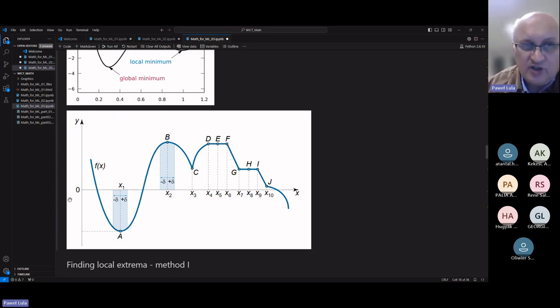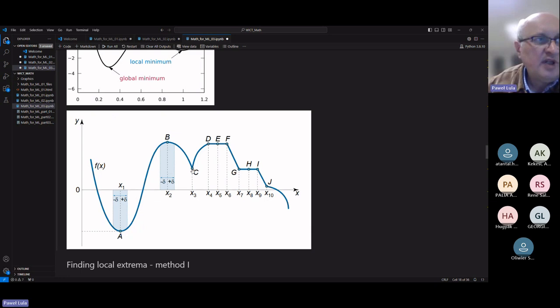The same definition we can formulate for minimum. For example, here we can treat this A point as a global minimum. So in this x1 point, we have a global minimum. It means that for all x values belonging to the domain, it is the smallest value. But here, in the x3 point, we have a local minimum.